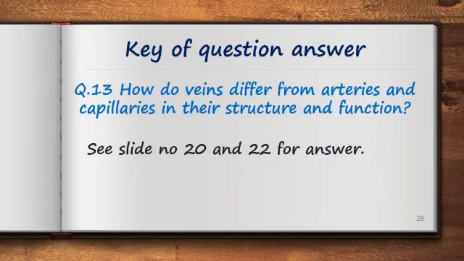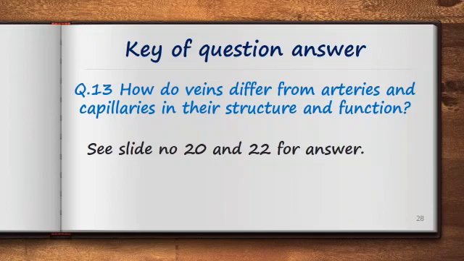So this is the key to the question answer. Let me explain so that you will not be confused later. Question number 13 is: how do veins differ from arteries and capillaries in their structure and function? You need to write down a simple definition of the three.